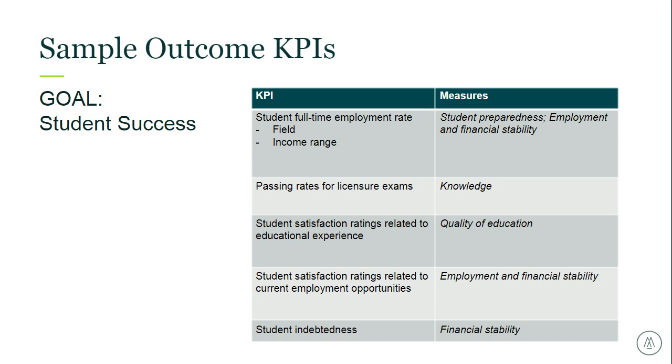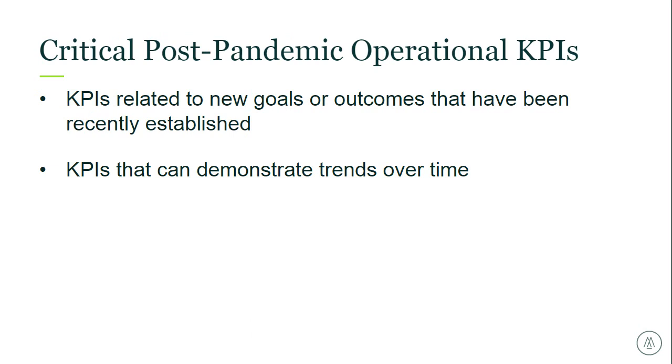Another thing to think about in terms of what we're seeing coming out of crisis mode here is that there are a lot of organizations that have set new goals within the past year, that have shifted their strategy, reworked where they're trying to place their focus. And so sometimes we see some of the data collection really lagging behind. We've set new goals, but we haven't figured out how we're actually going to measure them yet.